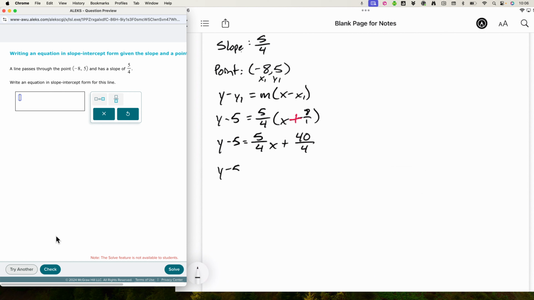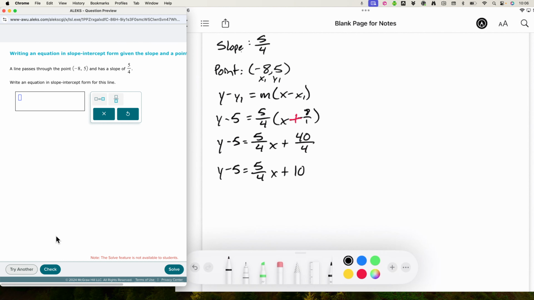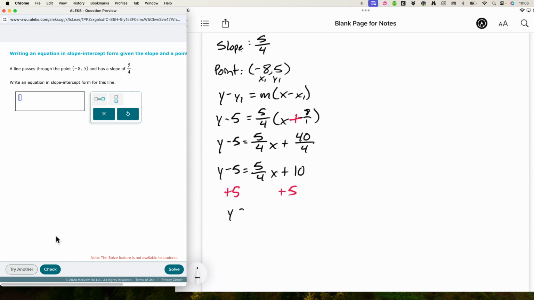So y minus 5 is equal to 5/4x plus 10. Then we will add 5 to both sides. Y equals 5/4x plus 15. Gotta be careful that x doesn't end up in the numerator or the denominator.